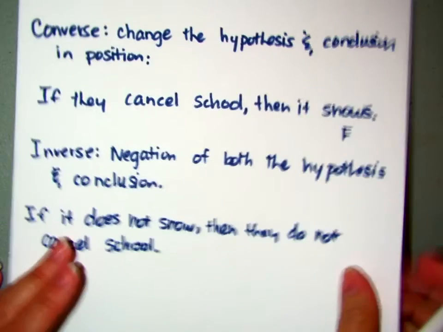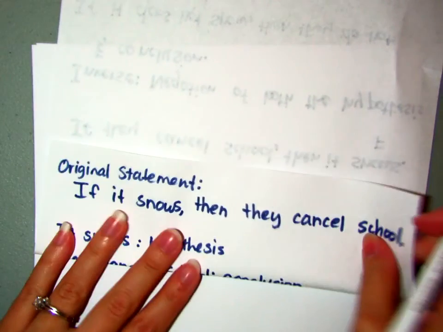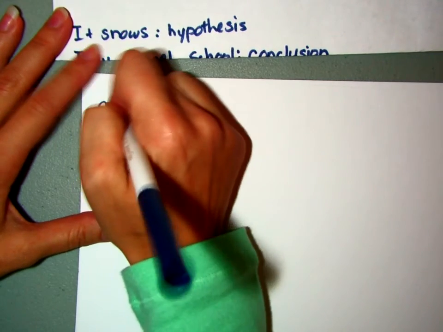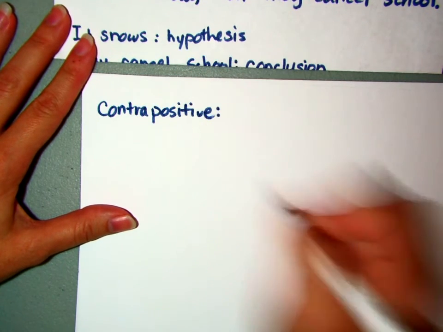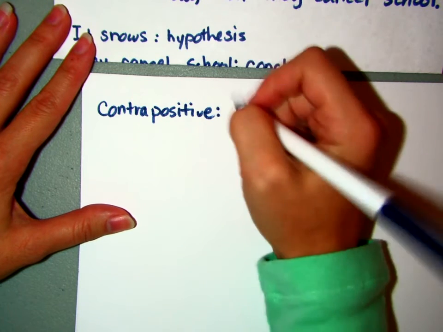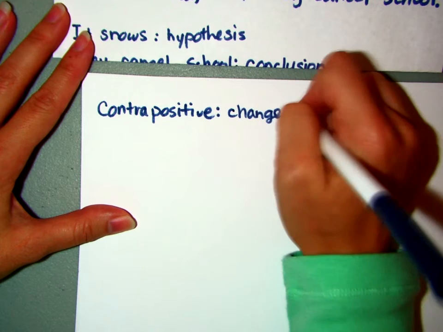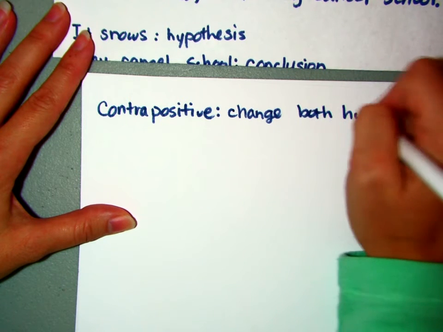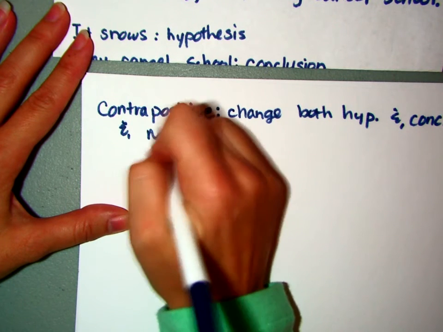Then we're going to jump into what we call the contrapositive. Contrapositive occurs when you interchange both the hypothesis and conclusion, and you negate both as well.